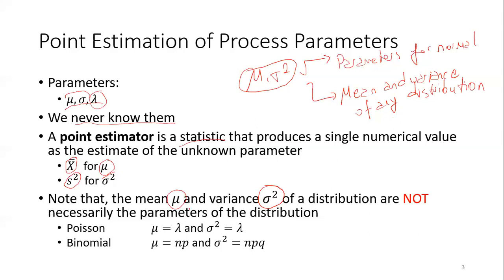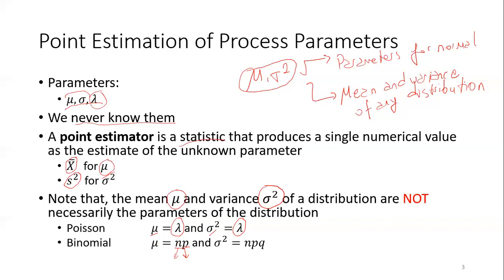So for example, for the Poisson distribution, the expected value or the mean of the distribution is lambda. So we say that mu of Poisson is equal to lambda. And the variance of the Poisson distribution is again lambda. So we say sigma square of Poisson is equal to lambda. Or for binomial, the expected value is n times p. Remember, n is the number of experiments, and p is the probability that you get a success.